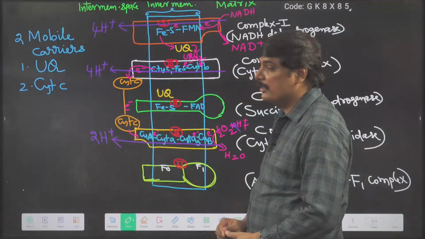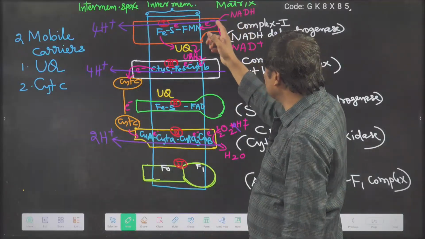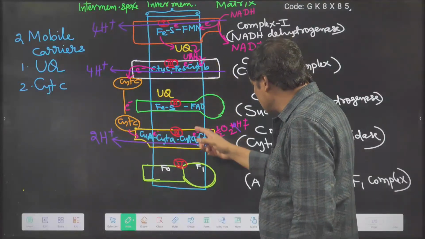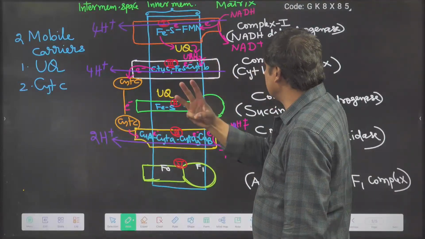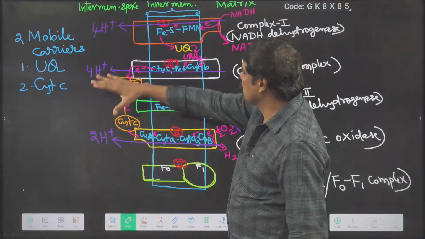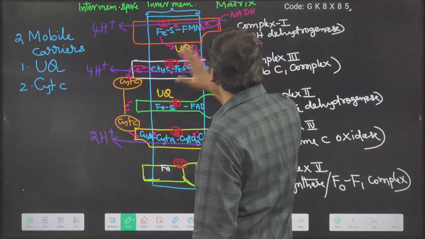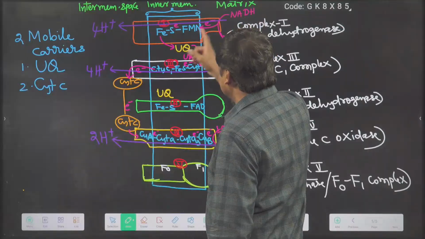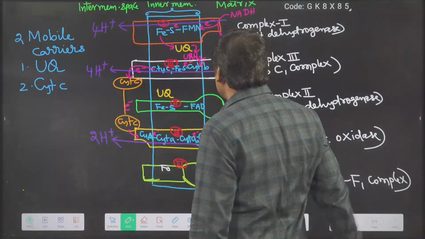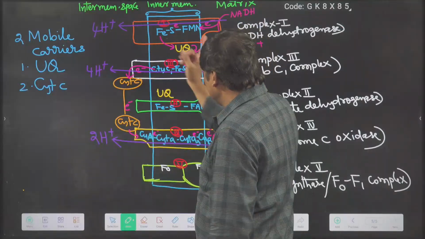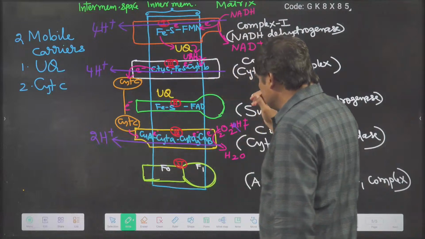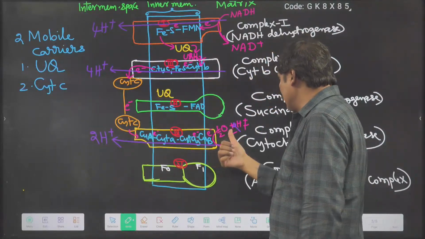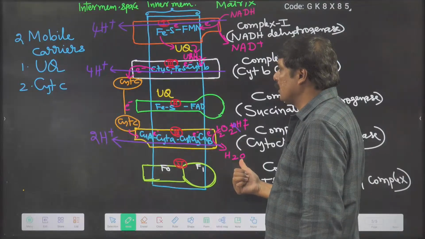See carefully here. While transporting the electrons from one electron carrier to another, protons are also transported across the membrane from the matrix into the intermembrane space. In the first complex, 4 protons are transported. In the third complex, 4 protons are transported. In the fourth complex, only 2 protons are transported because the remaining 2 are used in the formation of water.